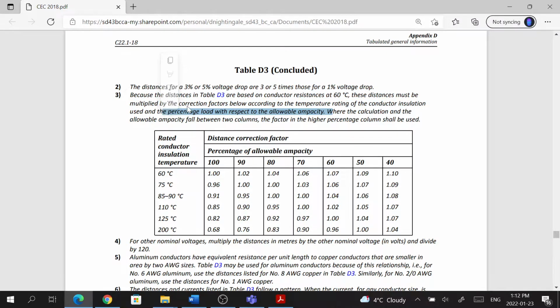Okay, so we are dealing with 25 amps. But what we need to figure out is the percentage of what a number 8 copper conductor running in a raceway can handle.